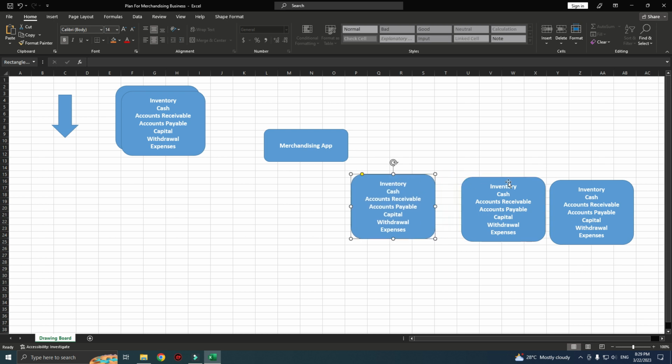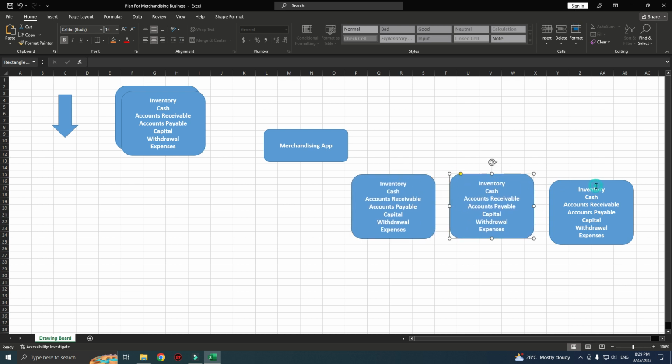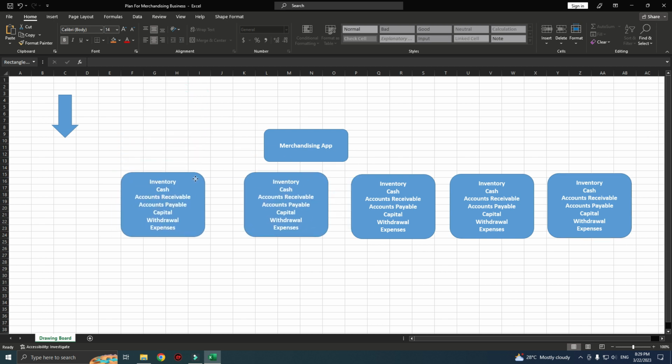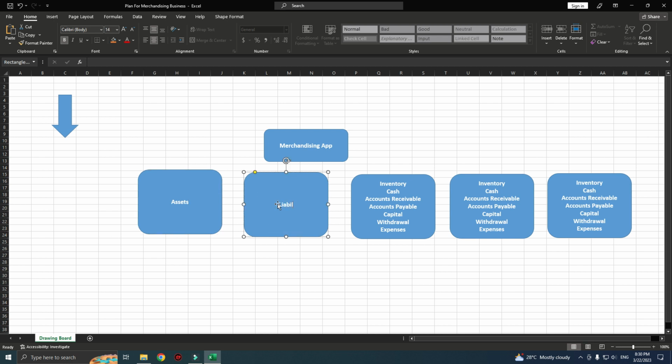So we will have assets, liabilities, owner's equity, income, and expenses.